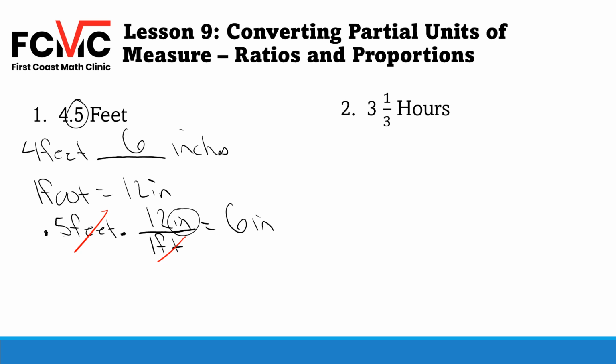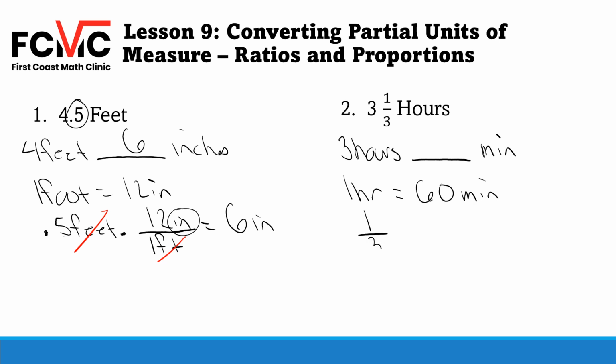Number 2, we've got 3 whole hours, and we want to figure out how many minutes we have remaining. Well, we know that 1 hour is 60 minutes. So we've got 1/3 of an hour. Let's multiply that by our ratio, 60 minutes over 1 hour.